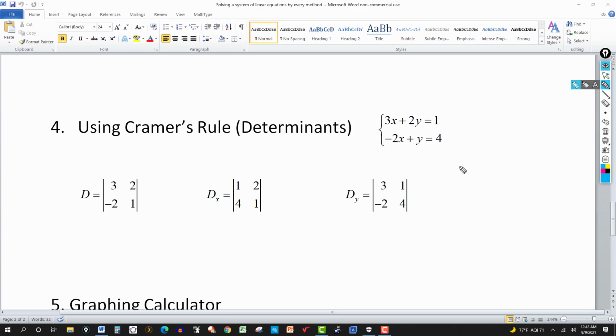Cramer's Rule basically tells you that the value of x is going to be whatever you get for d sub x divided by d. Y will equal the value of d sub y divided by d.